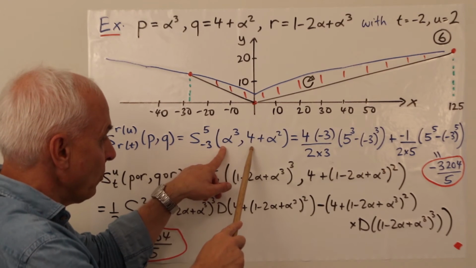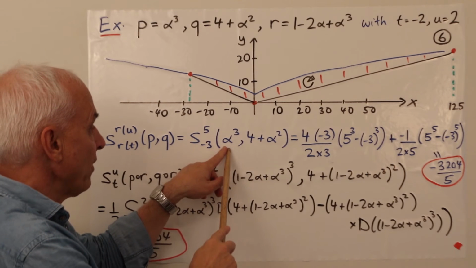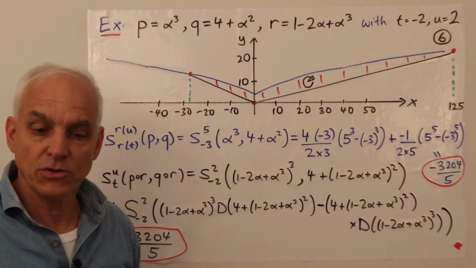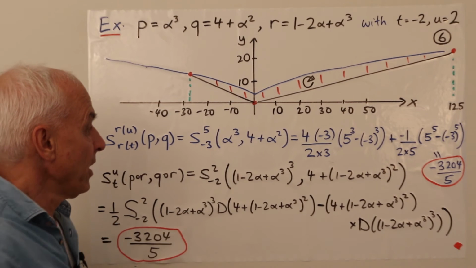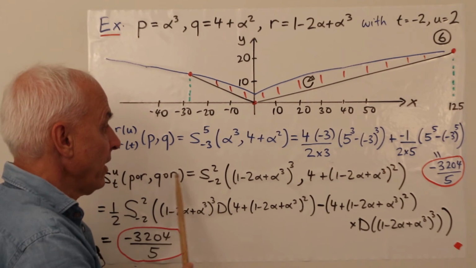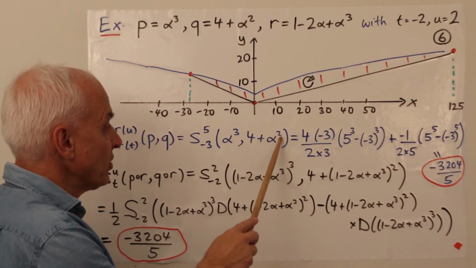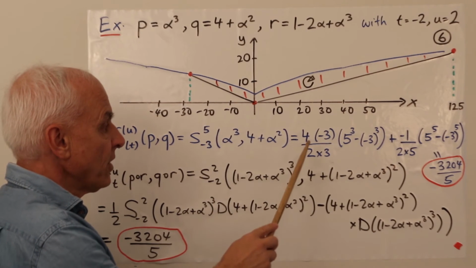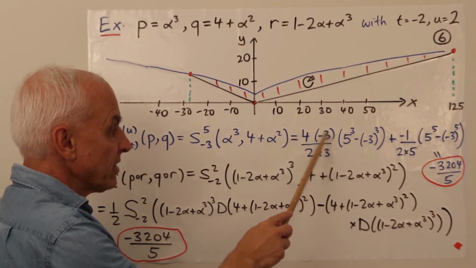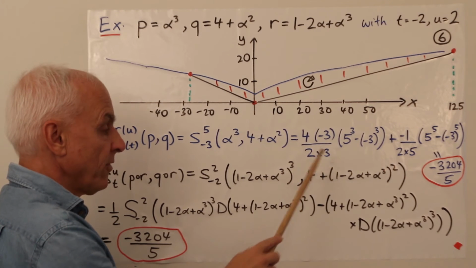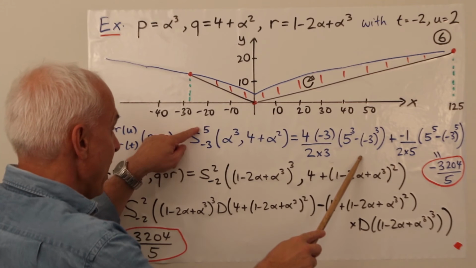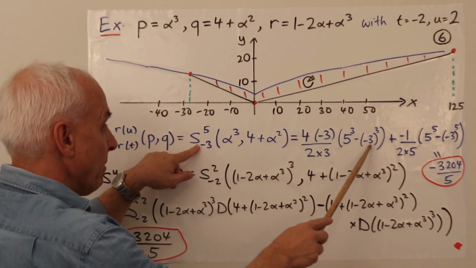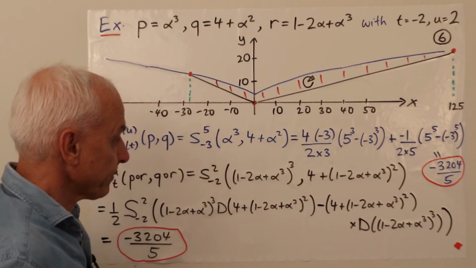It's alpha cubed together with 4, and also alpha cubed together with alpha squared. So we just use the fundamental formula quite simply. The first of them, there's a factor of 4 coming out, and then the exponents 0 and 3. So we get 0 minus 3 and 2 times 0 plus 3. And we have to multiply that by 5 cubed minus (minus 3) cubed.